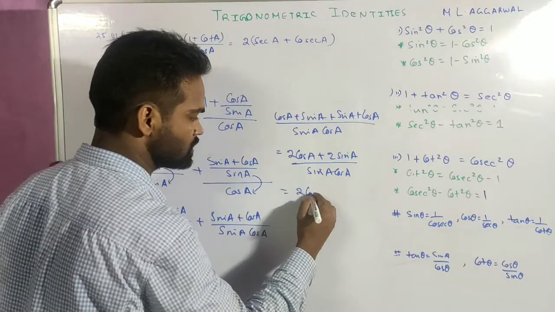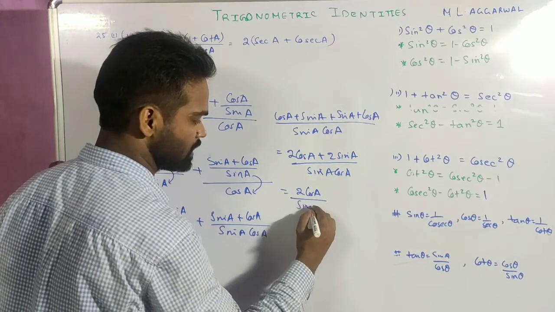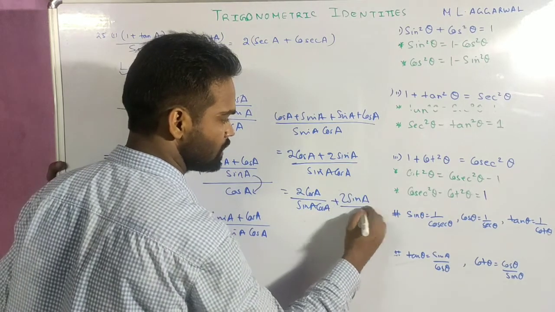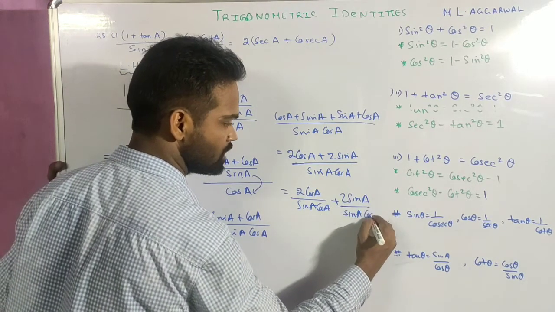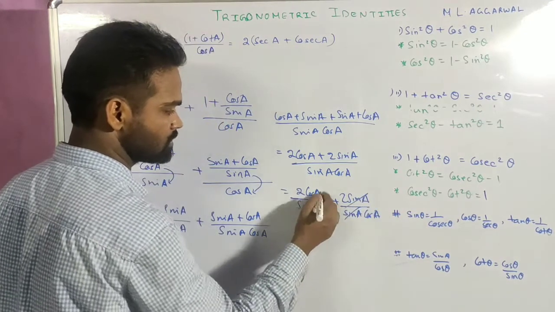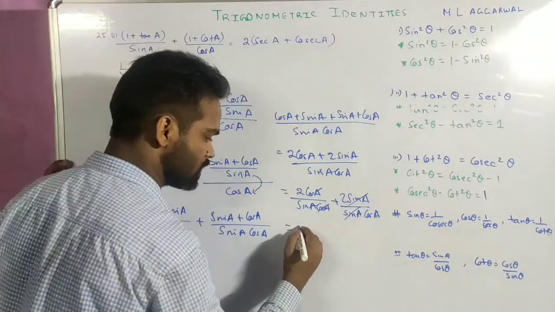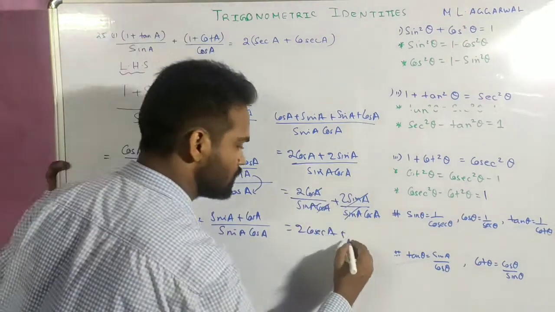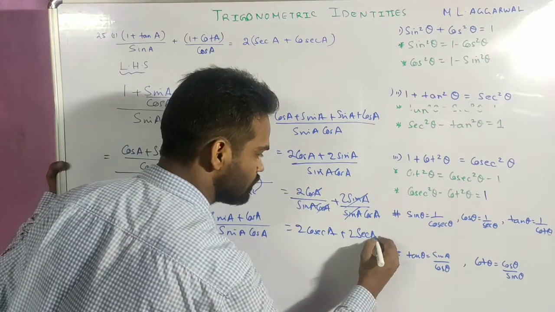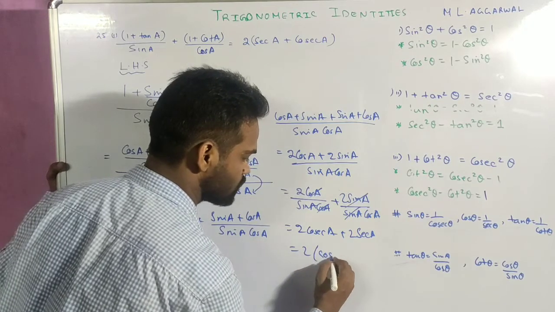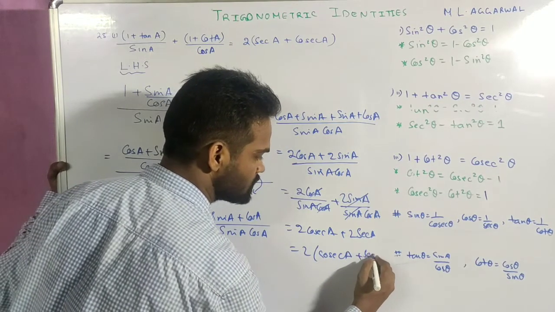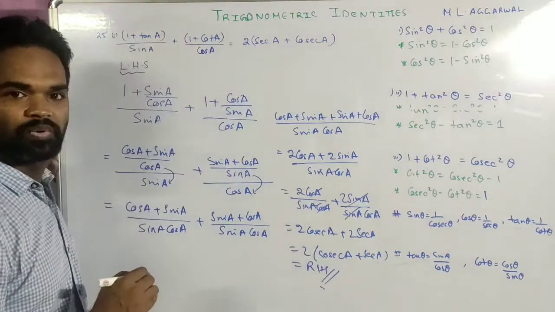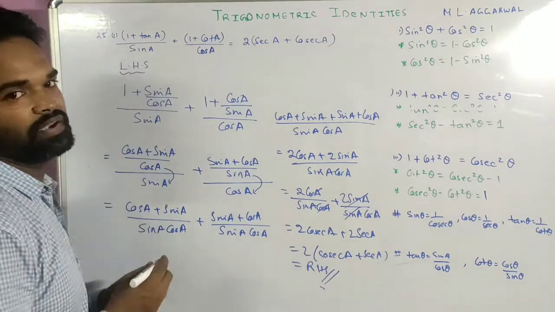So this becomes twice cos A by sin A cos A plus twice sin A by sin A cos A, isn't it? This cancels out. 2 by sin A is nothing but 2 cosec A, and 2 by cos A is nothing but 2 sec A. Take 2 common, so that becomes cosec A plus sec A, which is your RHS. Proved. Now let us look at the next sum.